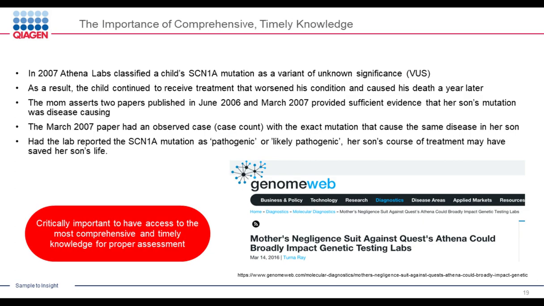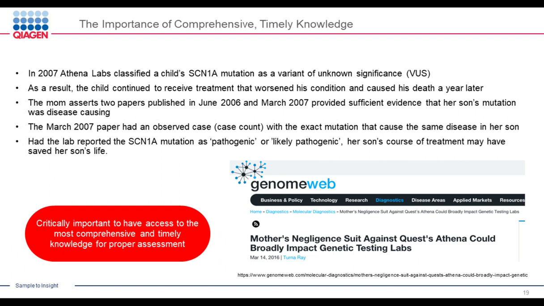So why is it important to have all this information? Well, in 2007, there was a lab that classified a child's SCN1A mutation as a variant of unknown significance. And because of that classification, the child's doctor didn't alter his treatment, and as a result, he died a year later.